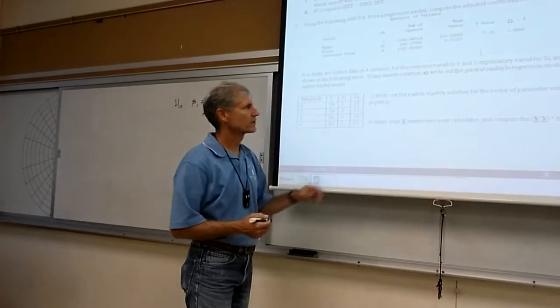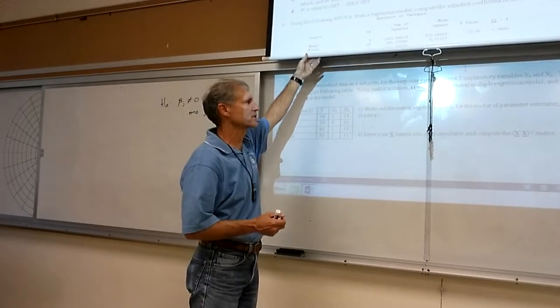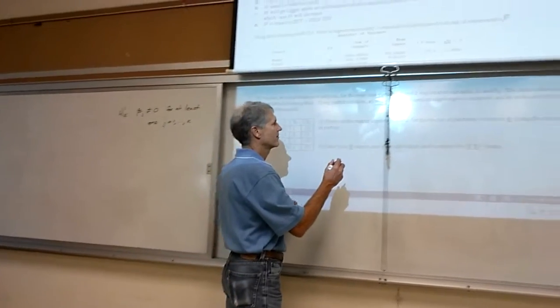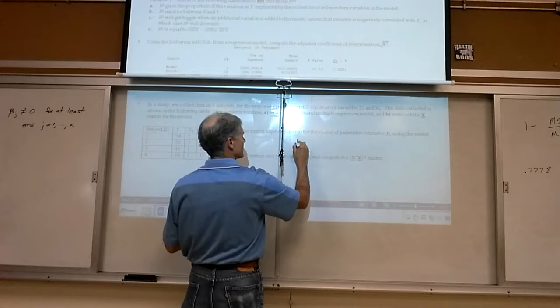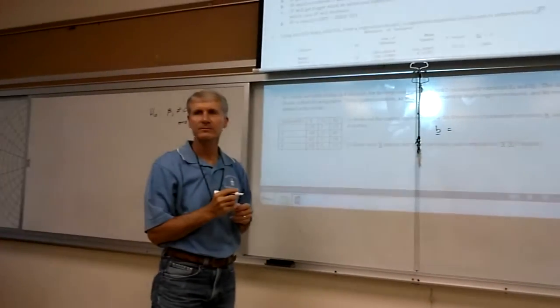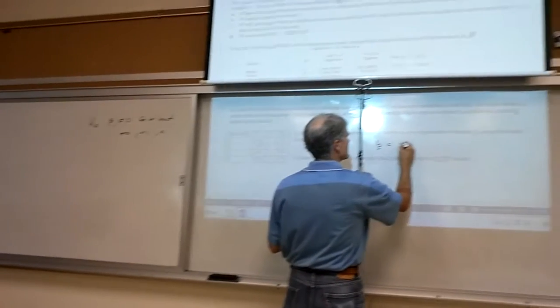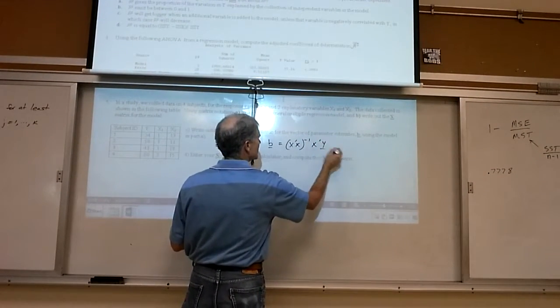So the solution, we can write in matrix algebra: the vector of parameter estimates b. So b is equal to what? X prime X inverse times X prime y.